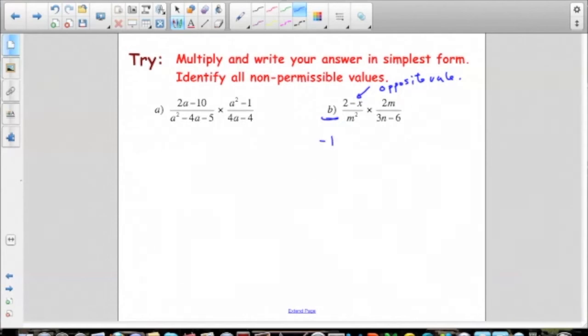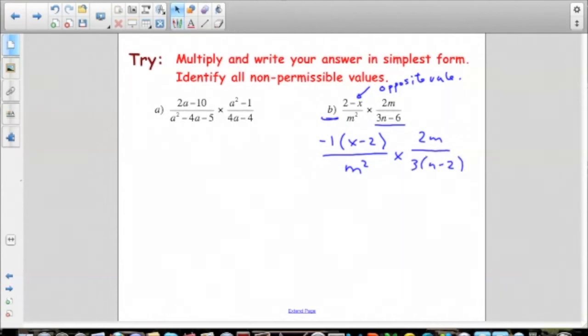So take a -1 out, and all that does is it switches it over m squared times, and now I can see this can factor. 3 is common. All right, so now let's do our non-permissibles.